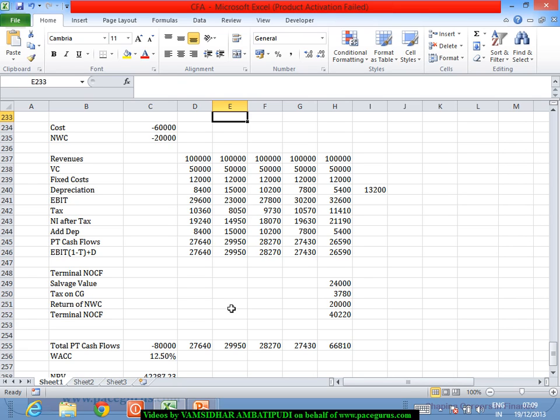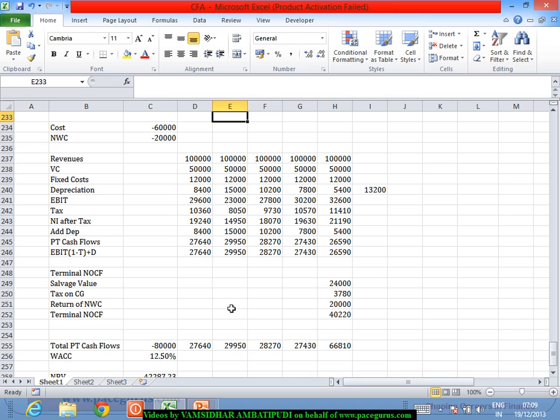So in a nutshell, to summarize this scenario, whenever we are talking about any capital budgeting project, we are looking at three components in it. One is the initial outlay, which will include the fixed cost investment as well as working capital investments. Then we have the net after tax operating cash flows for the period of the project, wherein to the EBIT into 1 minus T, we add back the depreciation and arrive at operating cash flows for each of the years.